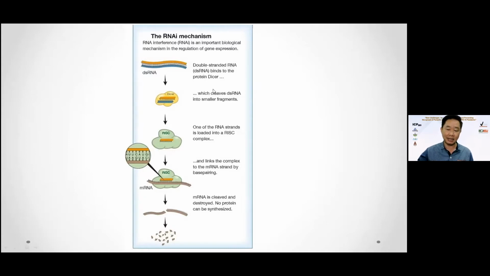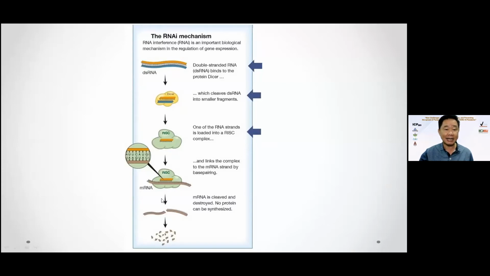This is the general process by which RNAi works. It starts with double-strand RNA, which has to be cleaved by the Dicer enzyme. The products are then incorporated into the RISC complex. RISC is specific to the mRNA that it is meant to cleave.